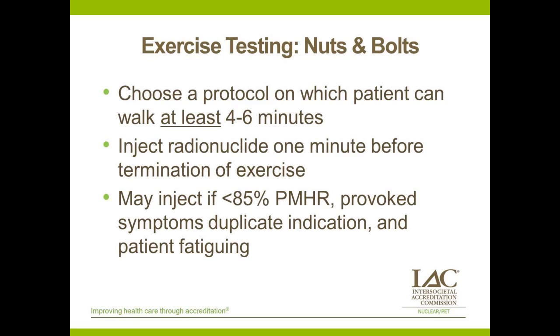So if the patient confirms while they're on the treadmill, "This is exactly why I saw my cardiologist, this is exactly why I'm having this test," at that point the supervising physician or the supervising APP or nurse or exercise physiologist may elect to inject.